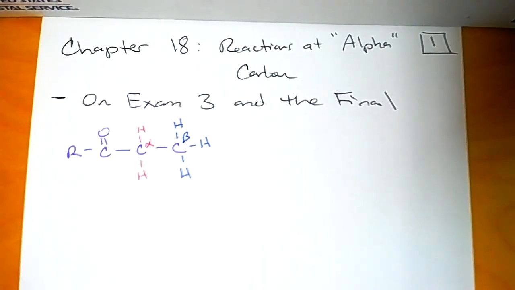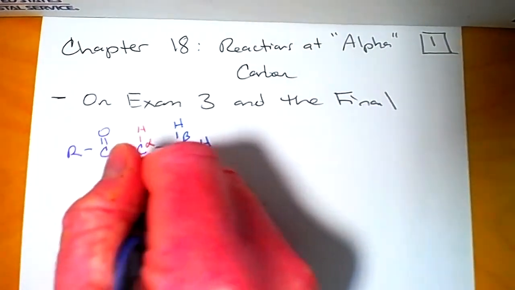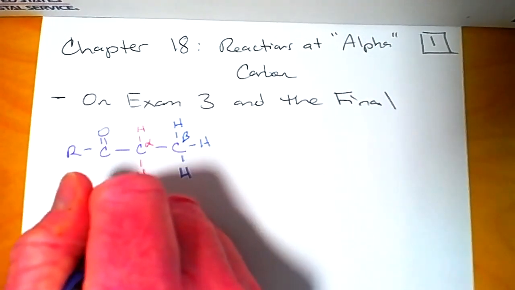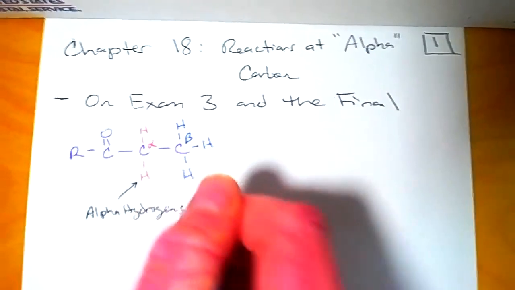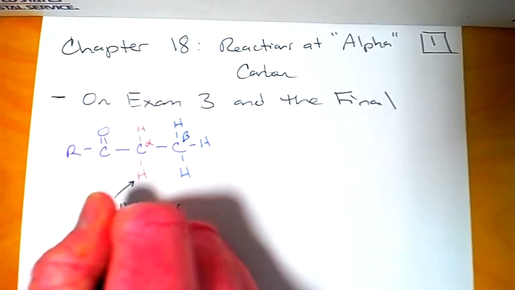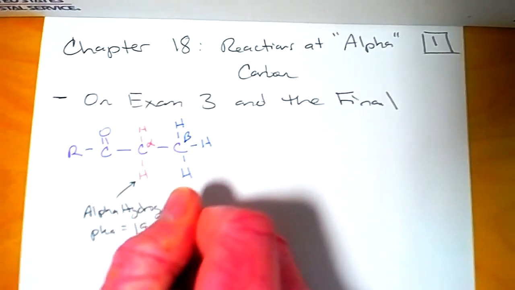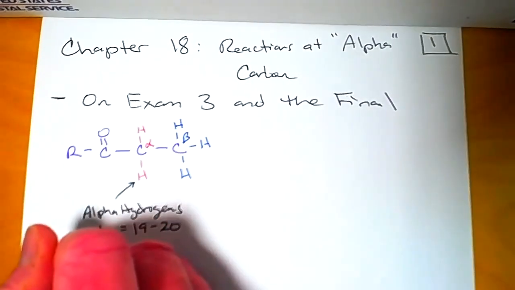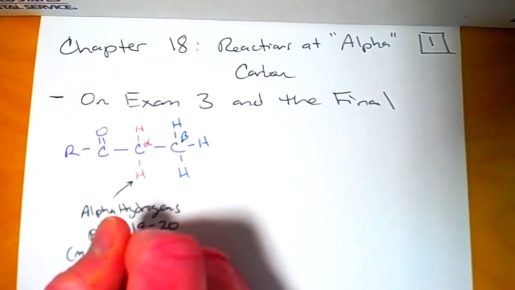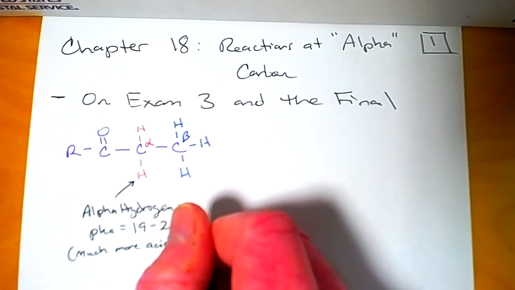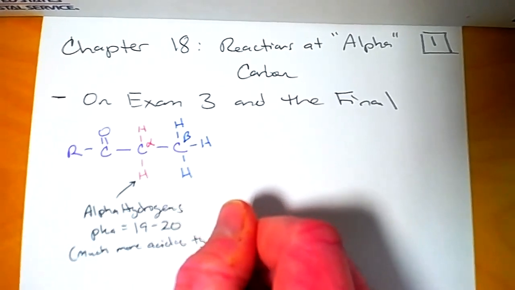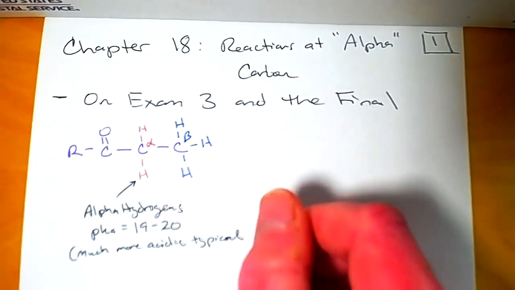So this set of alpha hydrogens right here, these are alpha hydrogens. Those alpha hydrogens have a pKa of roughly about 19 to 20, and they are much more acidic than a typical carbon-hydrogen bond.